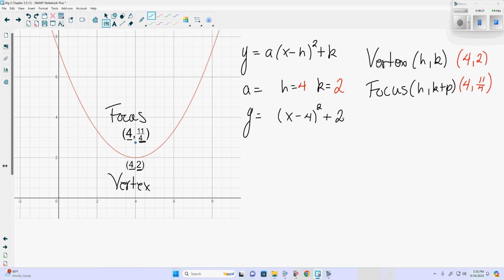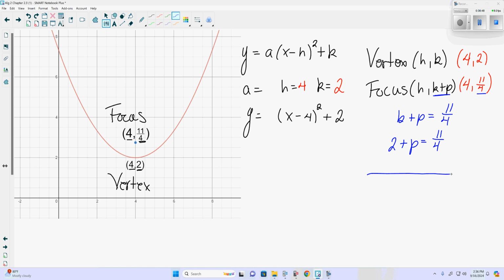We're almost there. We just need the value of a, but to find a, we need p. The general form told us that k plus p is 11/4, and luckily, we do know what k is. K is 2.